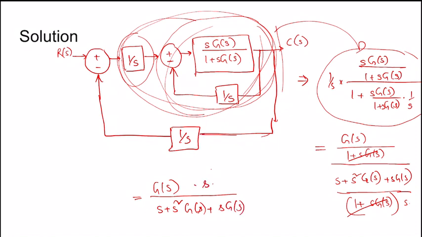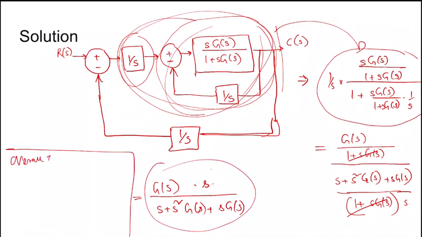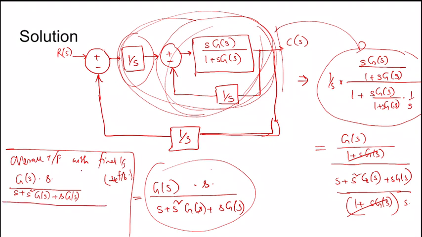Once you do the feedback with 1/s, this transfer function will become the overall transfer function with final 1/s feedback, that is negative feedback, which is G(s) into s divided by s + s^2 G(s) + sG(s), whole divided by 1 + G(s) into s divided by s + s^2 G(s) + sG(s), this transfer function into 1/s.